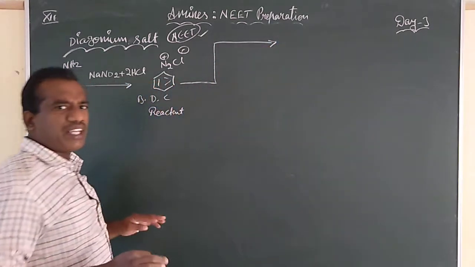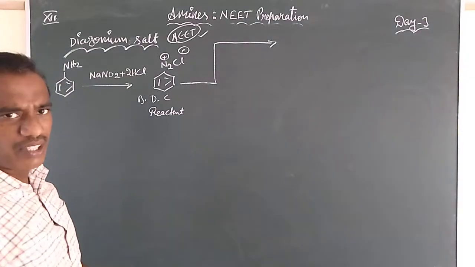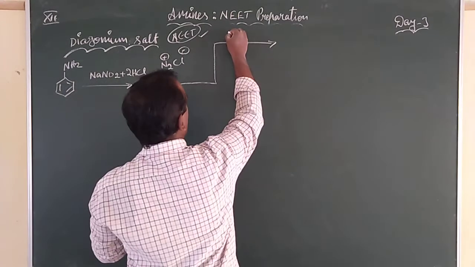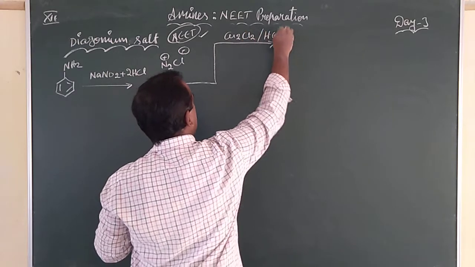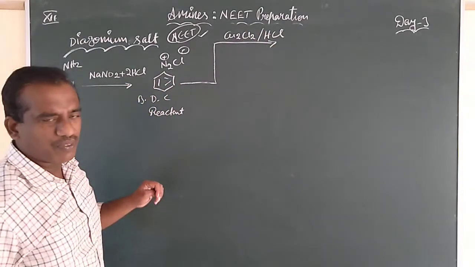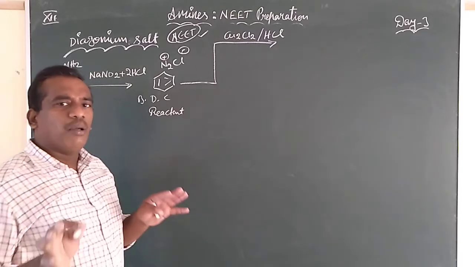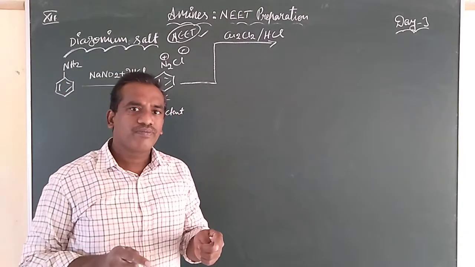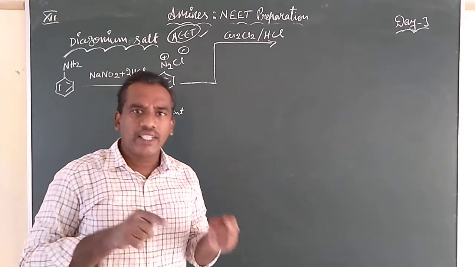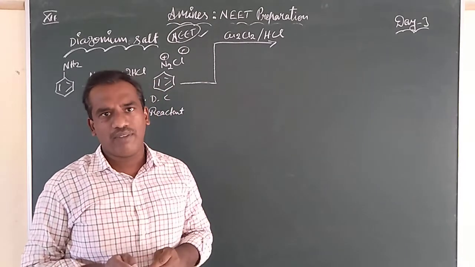I am bringing all the reactions at one place, children, instead of wasting the place and time. With Cu2Cl2 in the presence of HCl. Basic thing is, benzene is a nucleophile. You cannot bring another nucleophile near to the benzene.